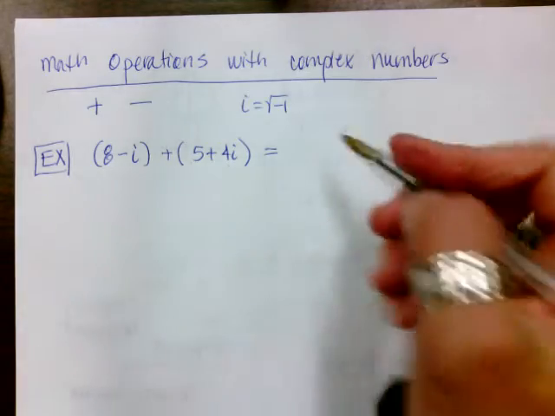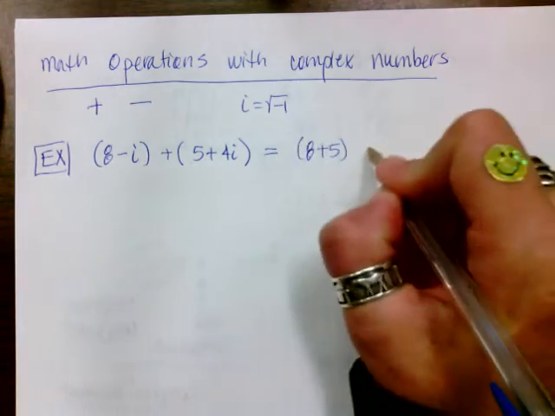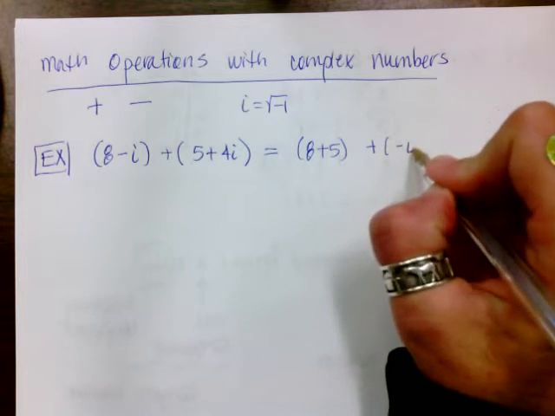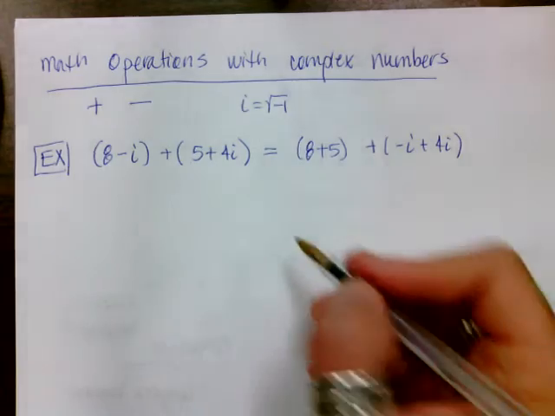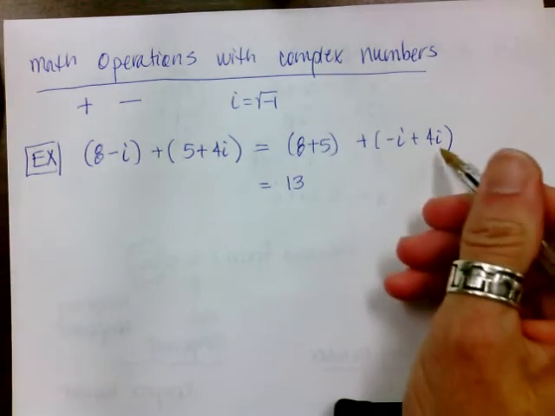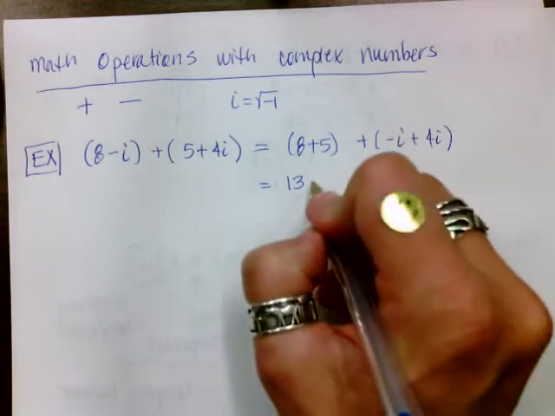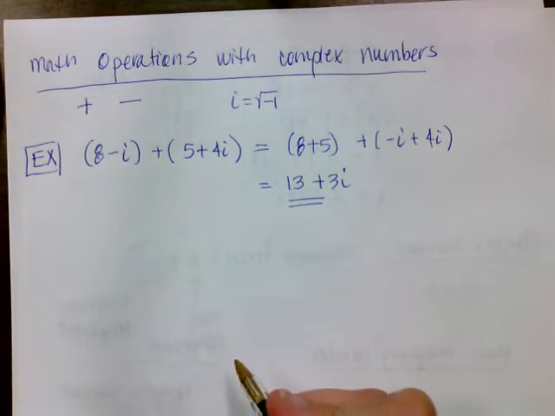So then I would group my 8 and my 5 together, and then I would group my -i and my positive 4i together, and then I just simplify. 8 plus 5 is 13. 4 minus 1 is a positive 3i, and there's your answer.